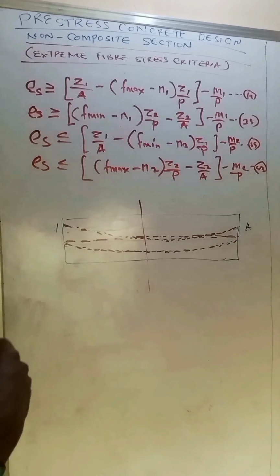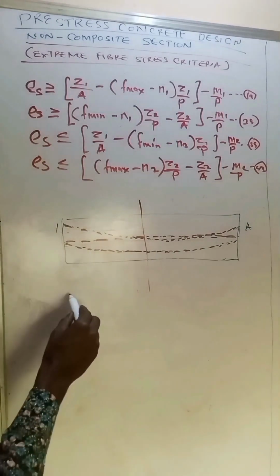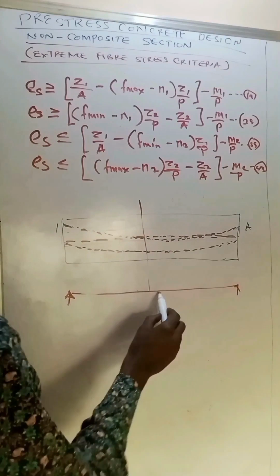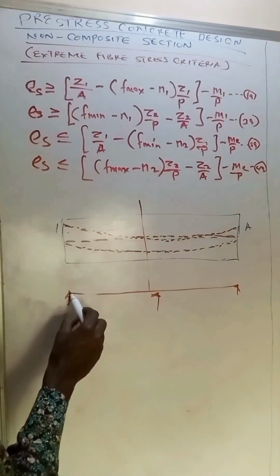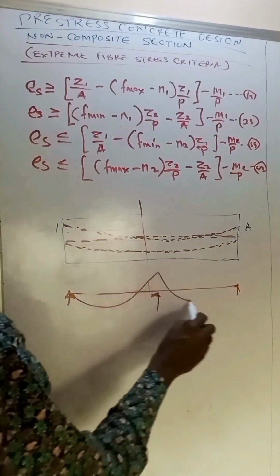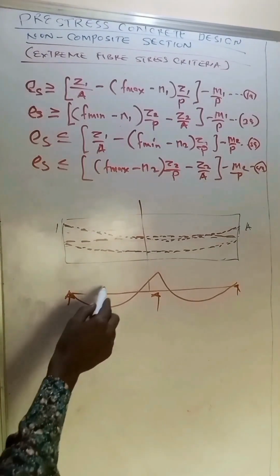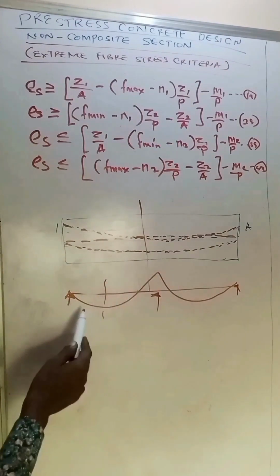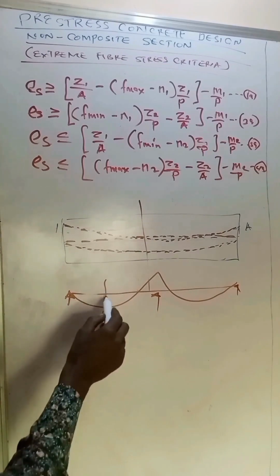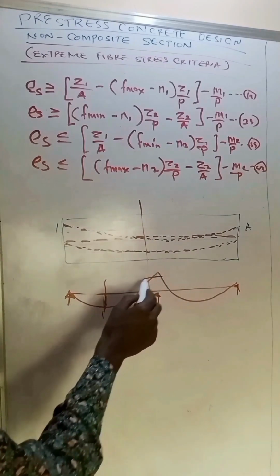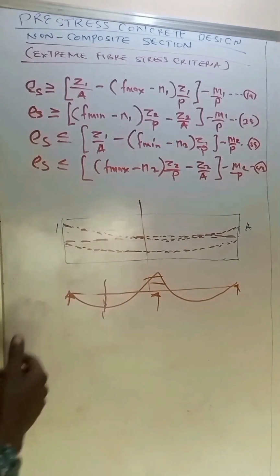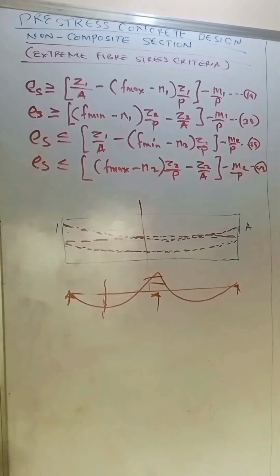So you can see that in the initial case, for example, let's take a continuous beam. You have your bending moment go this way. You can see that for every section, your bending moment is changing. At this point, we're having it as positive bending moment. At this point, we're having a negative bending moment. So we can look at the variation of the moment.